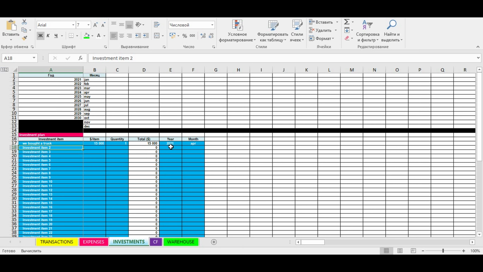Also in April we bought some equipment for our warehouse. And it cost us $20,000.